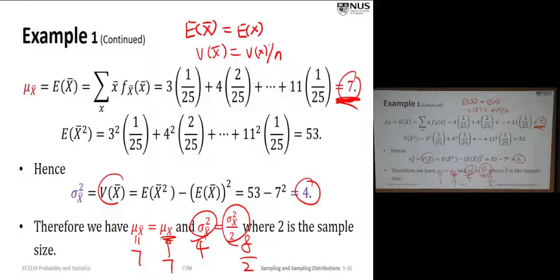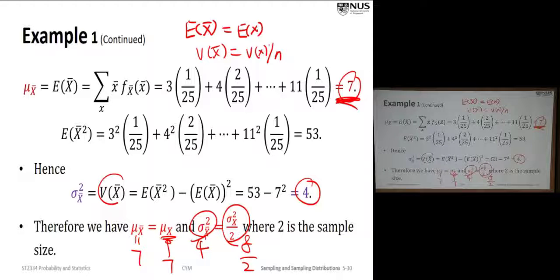n is a number bigger than 1. For example, with n equal to 2, the variance is half of the variation of x. If n is equal to 10, then the variance of x bar is 1/10 of the variance of x. If n equal to 100, then the variance of x bar is 1/100th of the variance of x.